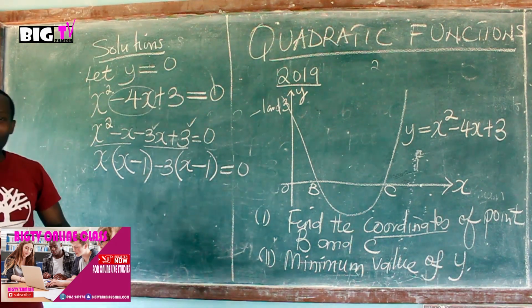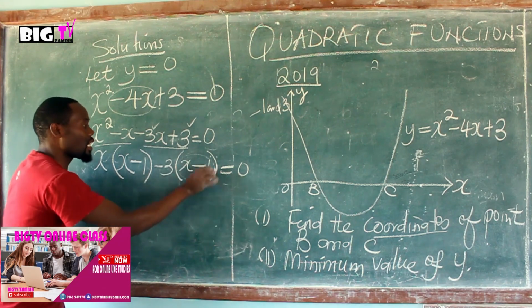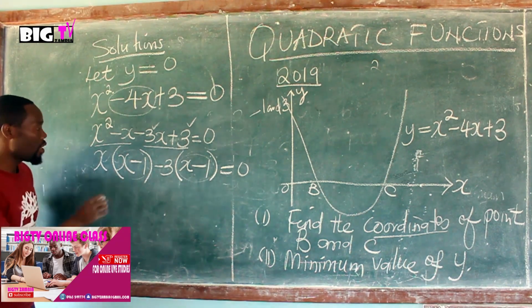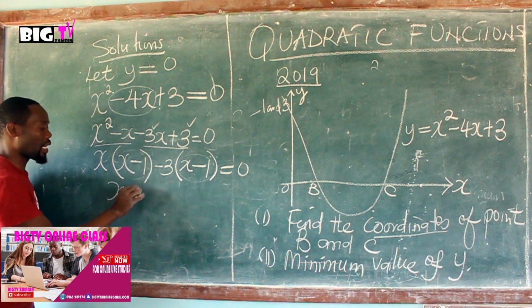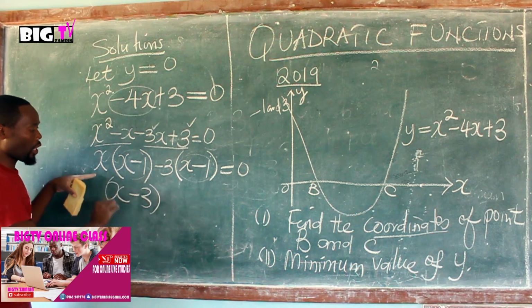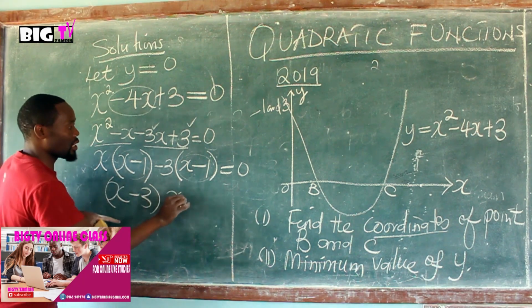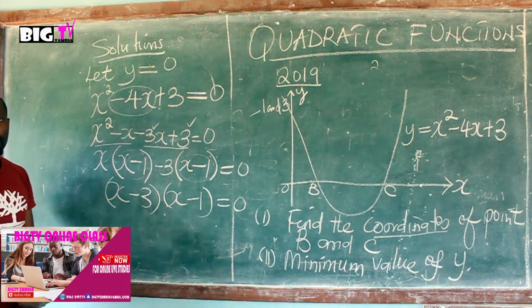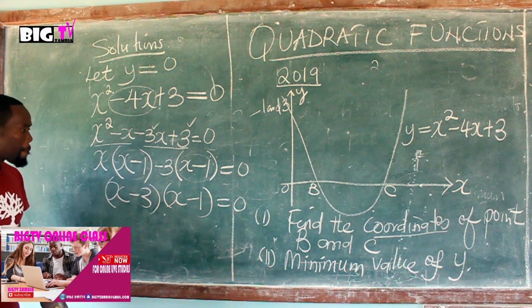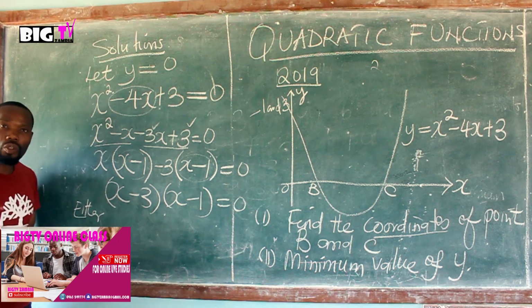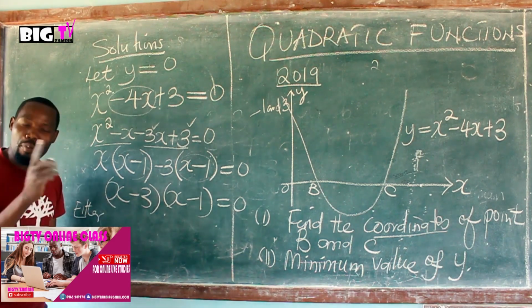To know that you're doing the correct thing, please check what is inside the brackets. Then, can you factorize further? We have x minus 3 and x minus 3 outside. You put them in brackets, and then you write those that are outside, x minus 1, is equal to 0. Now, we use what is known as the zero product rule.